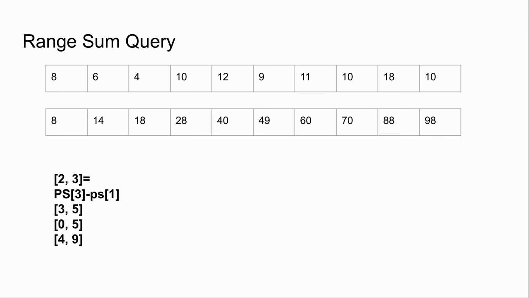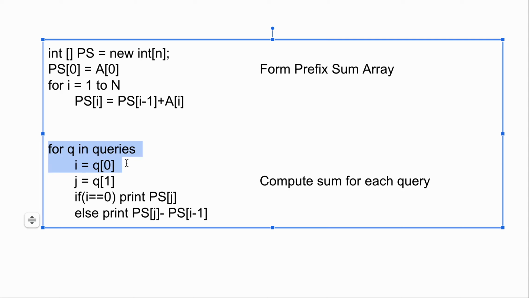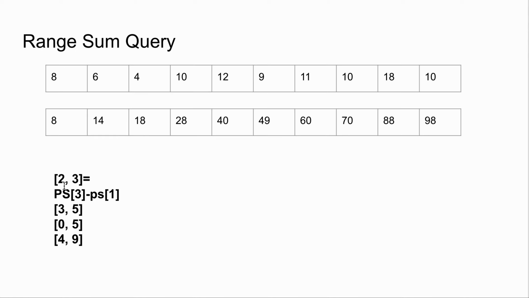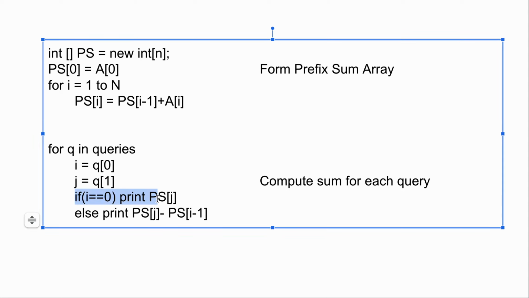For every query, we just use the formula and print the sum. i is equal to the first element, j is equal to the second element, and if i is equal to 0, we will print ps of j. If not, we just use this formula and compute and print the answer. I hope you got the solution for this particular problem.